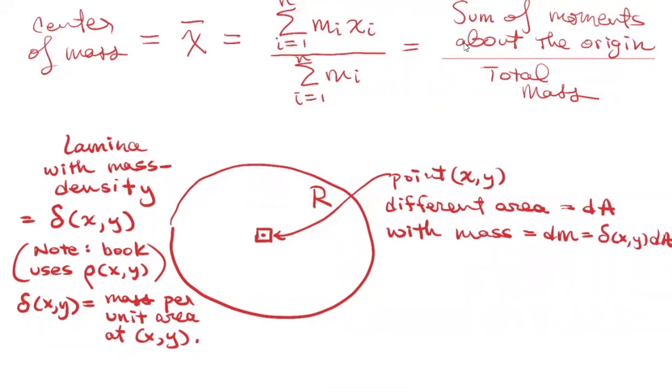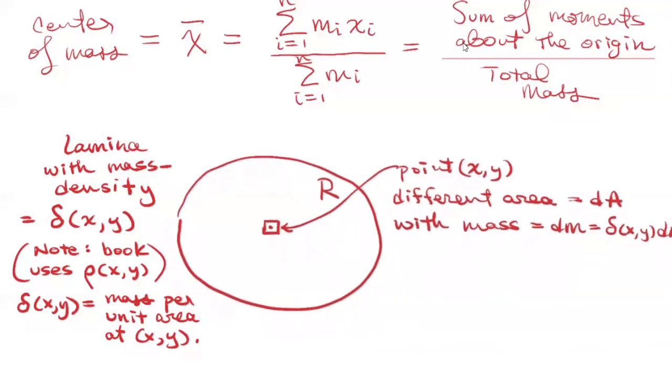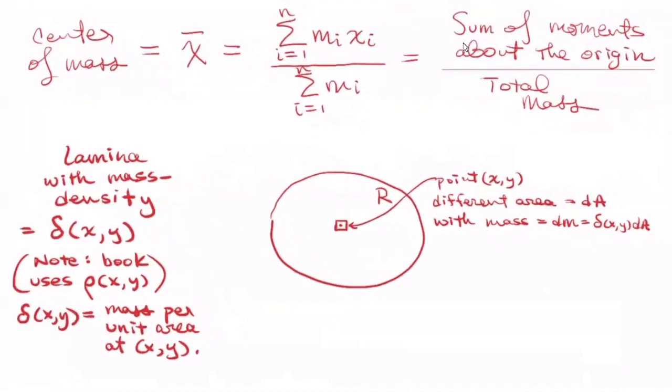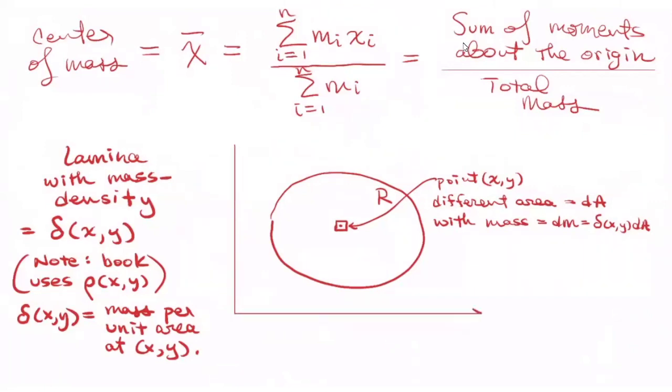And then I guess I need to put a coordinate system into this. So if you've got some place to put a y-axis, we're going to need that. So I'll try and squeeze one in myself. Okay, and now there's going to be two coordinates, an x-coordinate and a y-coordinate for the center of mass.